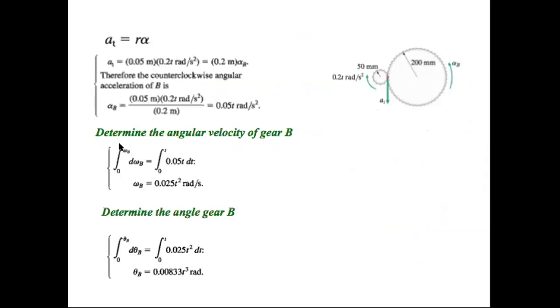After that, we have to determine the angular velocity of B. By integrating alpha B, we can determine the angular velocity of gear B as a function of time, and omega B is equal to 0.025 t squared. In the next step, by integrating omega B, we can determine the angle through which gear B has turned as a function of time, and we find theta B.